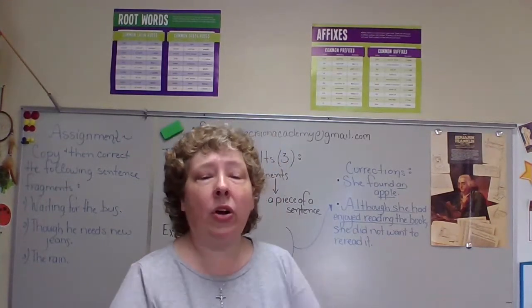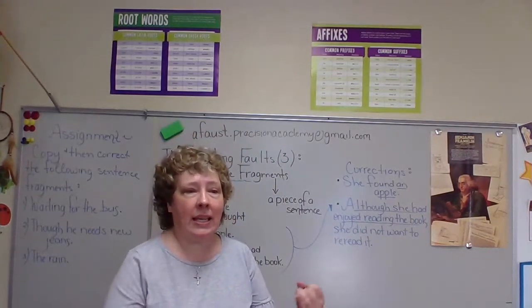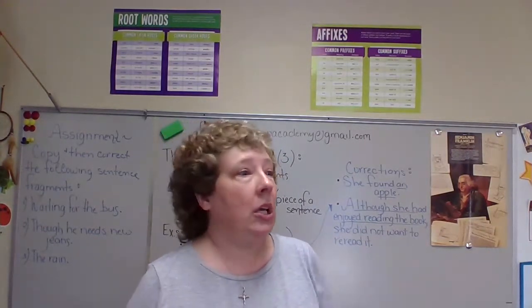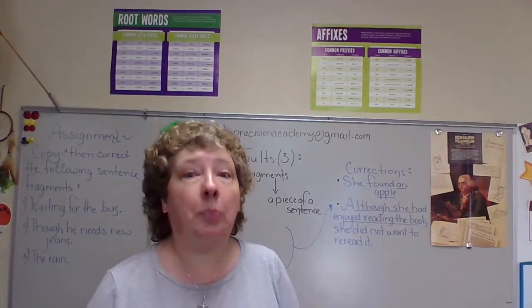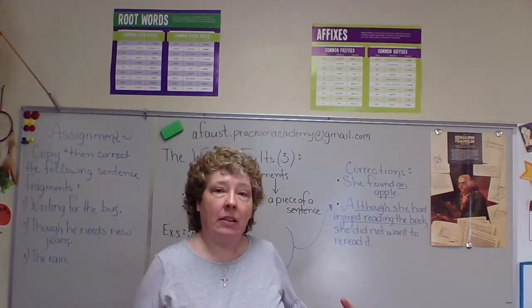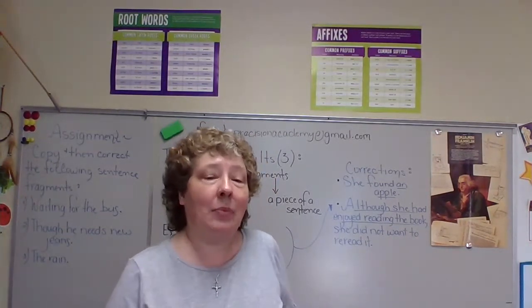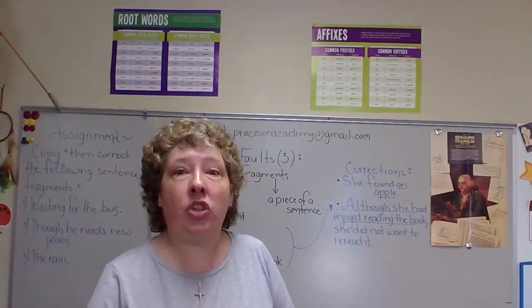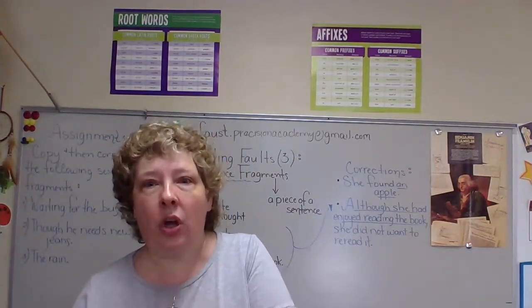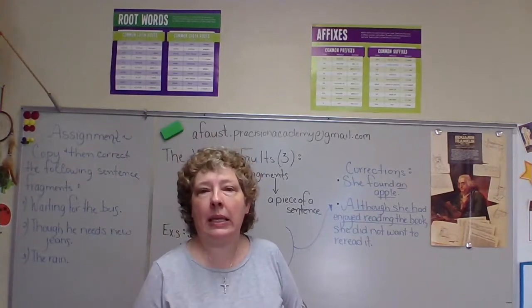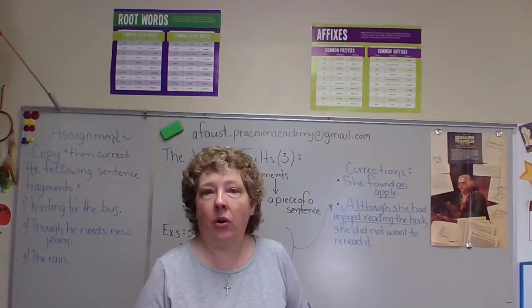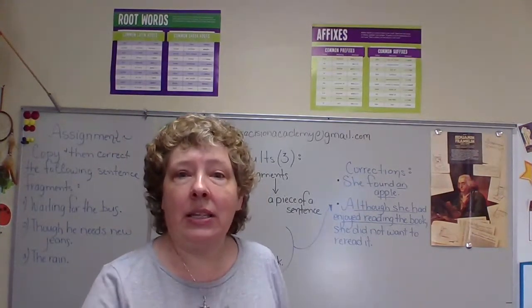Okay? So there are going to be cases where, yes, your subject is missing. Your verb could be missing. A piece of the verb phrase. Remember, some verbs come in more than one piece. He should have known. Should have known. That's a verb phrase. Okay? So that's missing. Or you're missing the entire subject and verb.